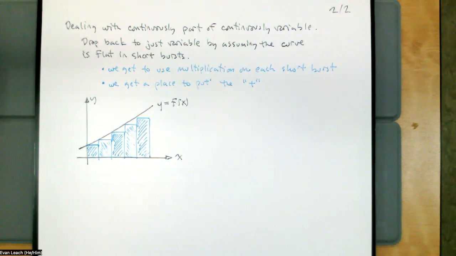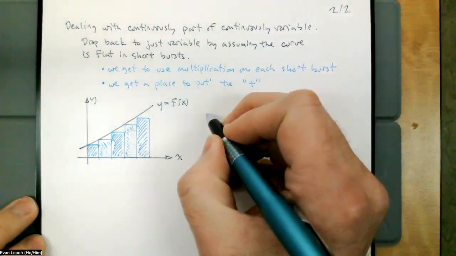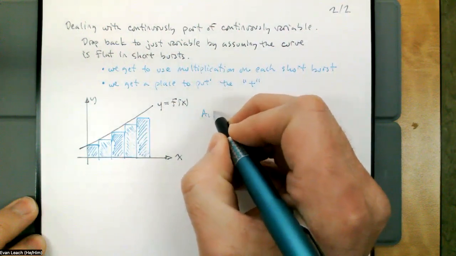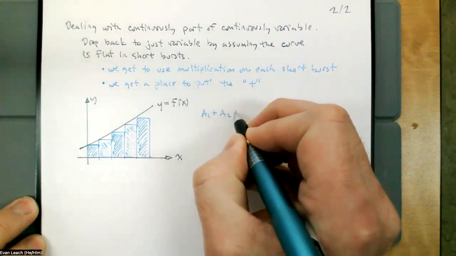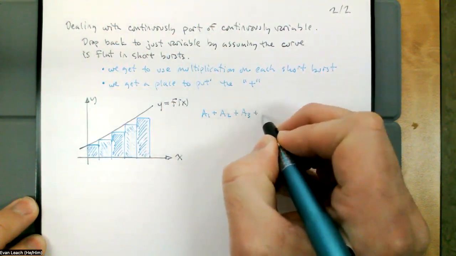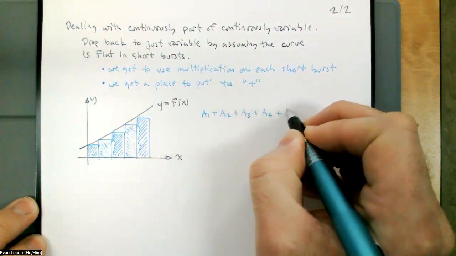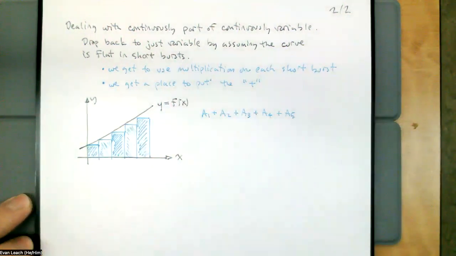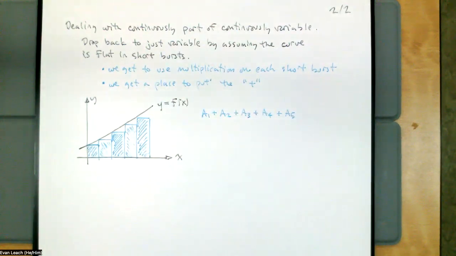So this will give us an approximation. We have these 5 areas, A1 plus A2 plus A3 plus A4 plus A5. And on each of these areas, we get to use multiplication, because on each area we've flattened out the function.